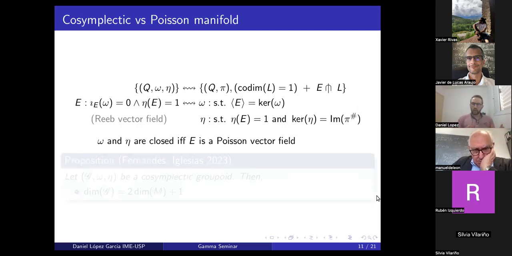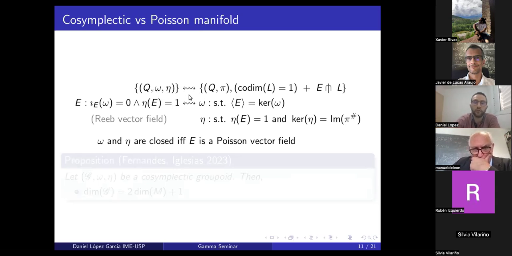Okay. Now I am going to draw a parallel between cosymplectic and Poisson manifolds. This is a classical result, I think. On the left hand, I have a cosymplectic manifold Q with 2-form omega and 1-form eta.